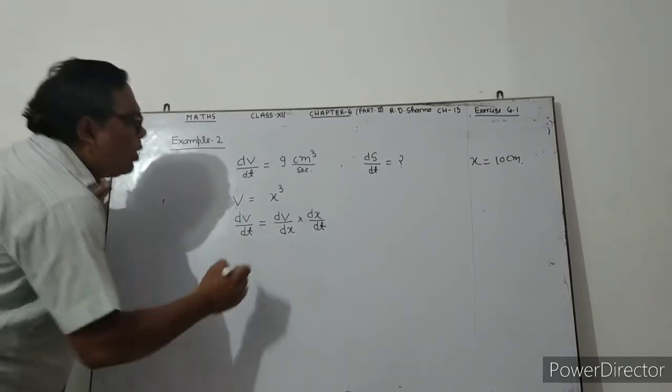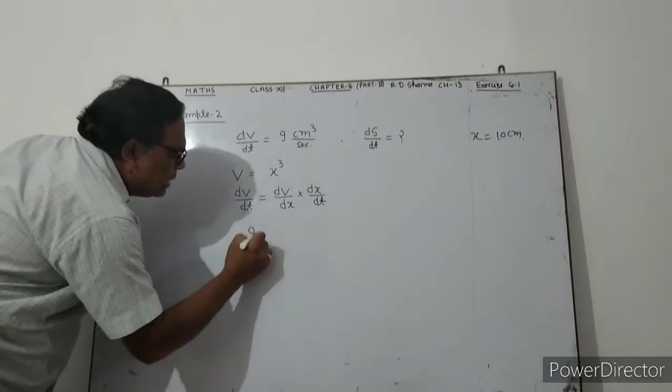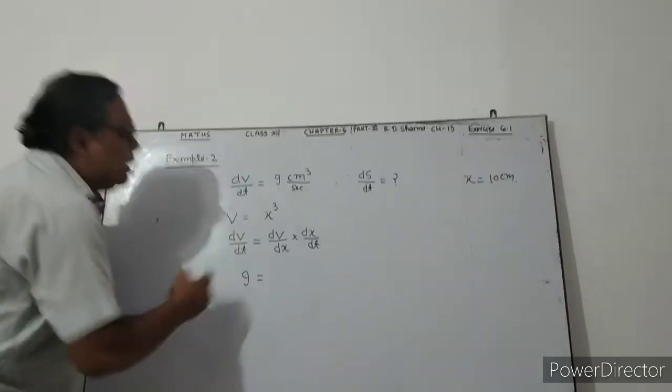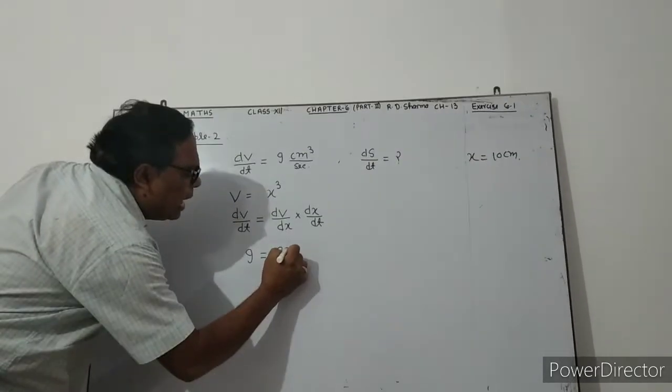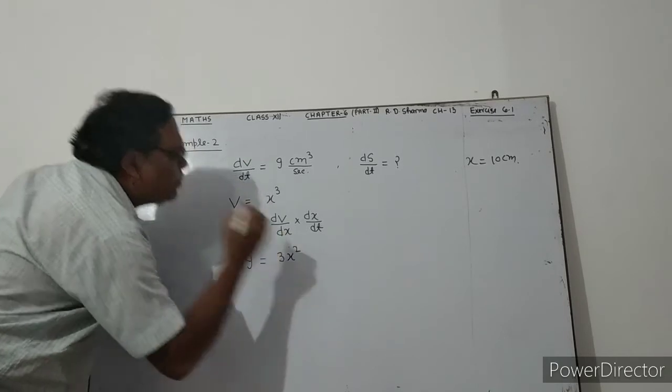Now dV upon dt is 9, it is given. dV upon dx is 3x square.